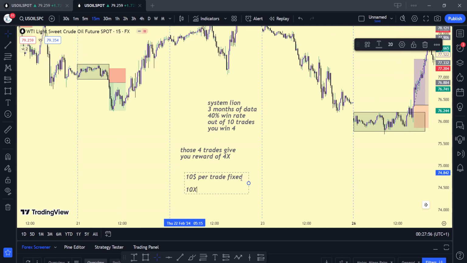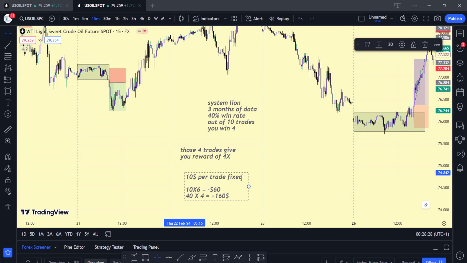So 10 times 6, on losing trades, is $60. On winning trades, anytime you win, you're making $40 minimum, 40 times 4 equals plus 160.